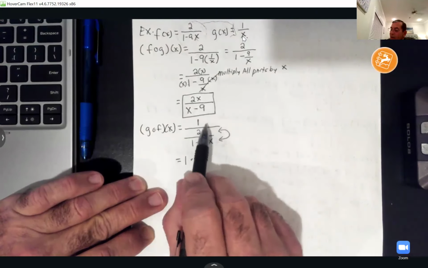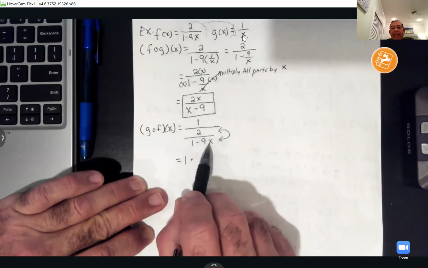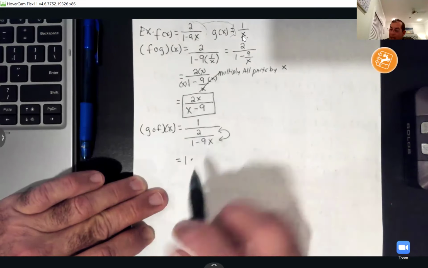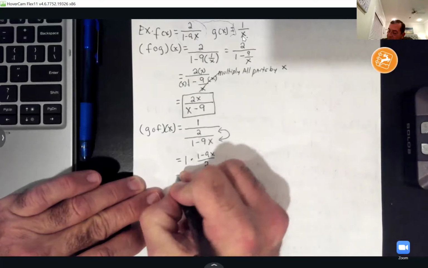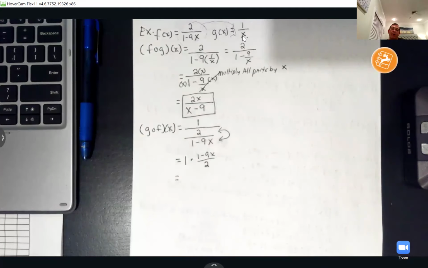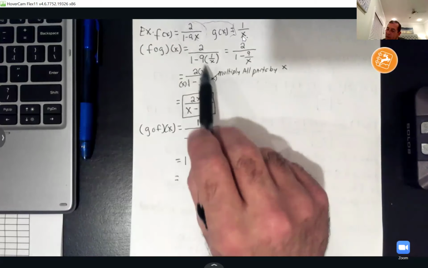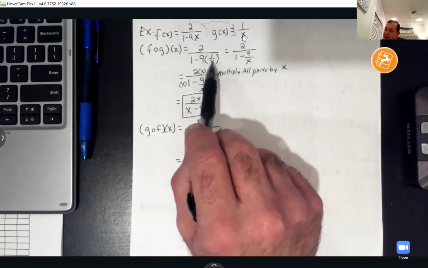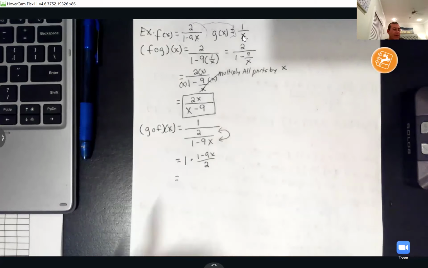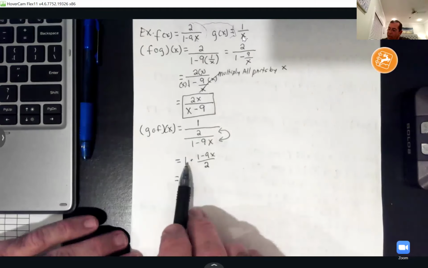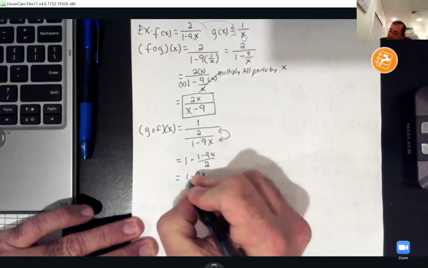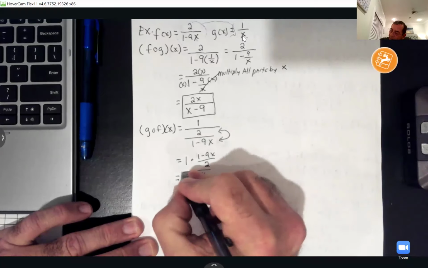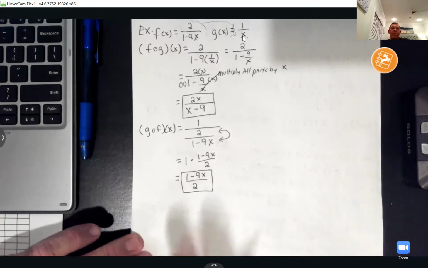So instead of this being 1 divided by 2 over 1 minus 9x, it'll turn into 1 times 1 minus 9x over 2. So remember, different methods, the reason I did different things here, because this fraction was inside my denominator. All righty, so, y'all, 1 times this is just this. So my final answer is 1 minus 9x over 2. And I cannot do anything else to that.